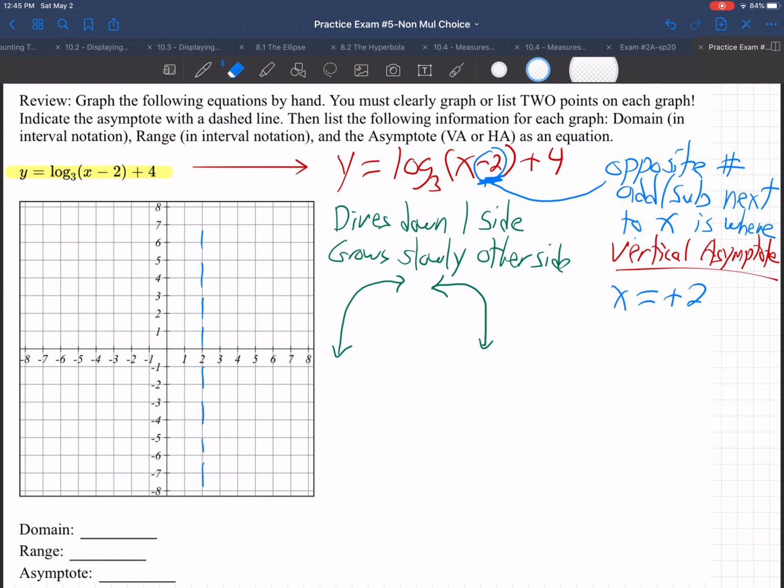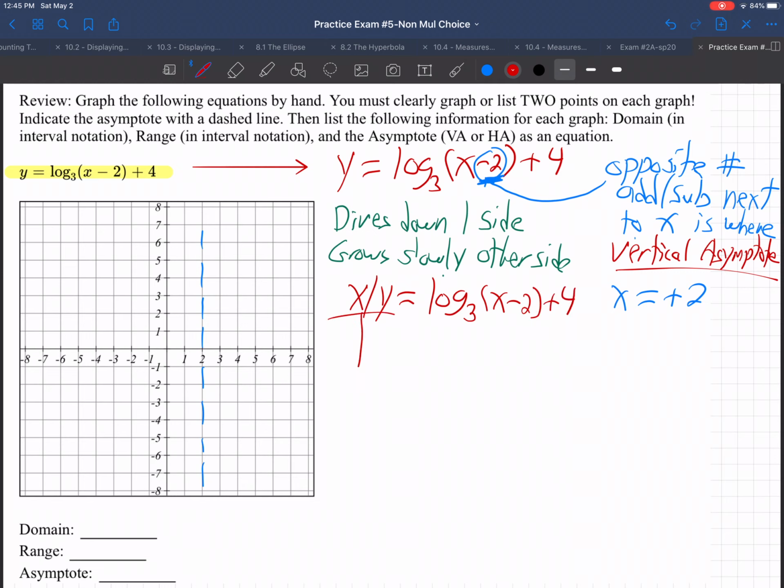Now, beyond that, we need to plug in some points. So let's make a table and plug in some points. You can plug in any point you want, but the easiest point, we'll start with the vertical asymptote plus 1.